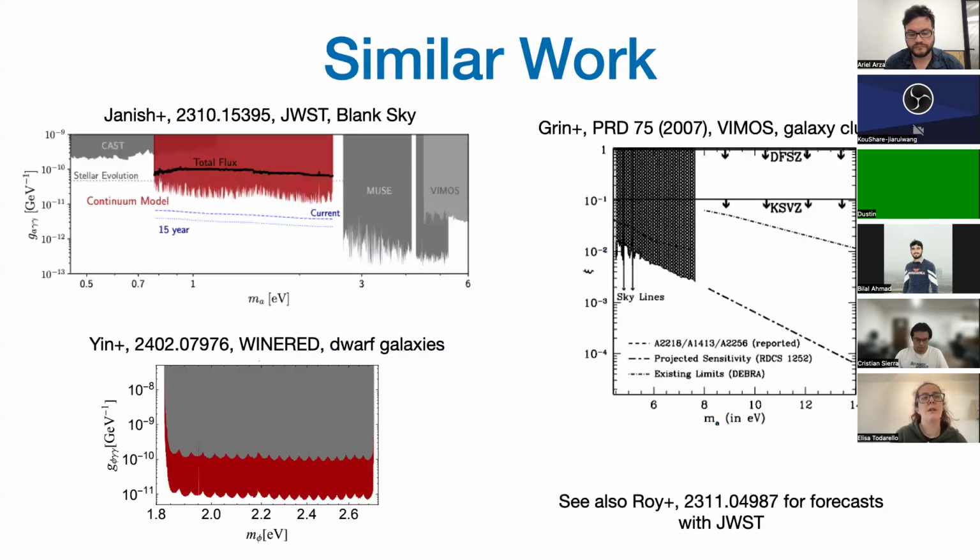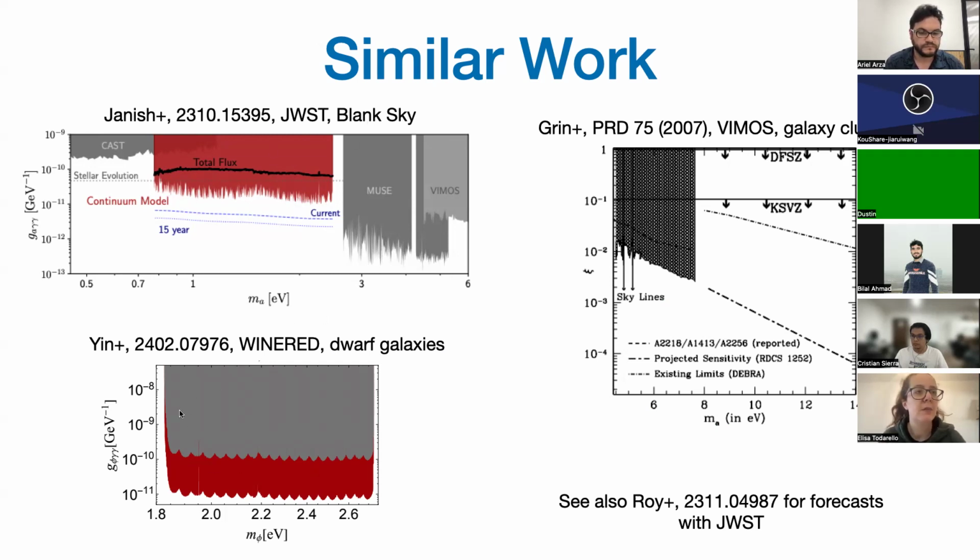There are similar other works that do the same thing for different frequency ranges, different telescopes. So as I mentioned, there's this VIMOS paper here from 2007, which is the first one that did this analysis, by Grin et al. More recently, there was this paper in which they used JWST to put a bound in the near infrared, looking at blank sky observations that JWST does for sky subtraction purposes.